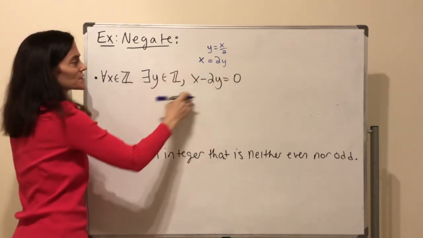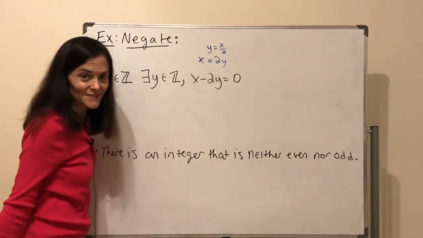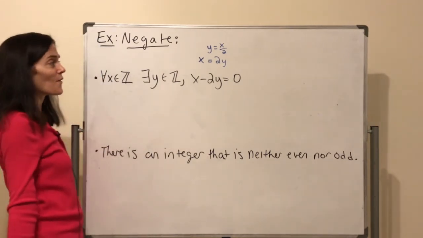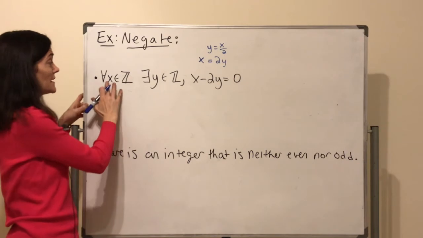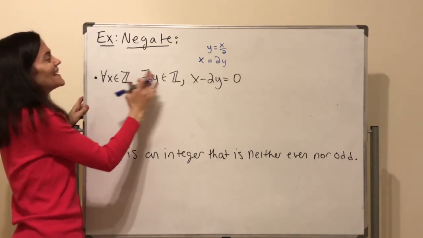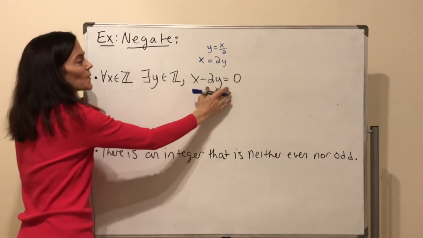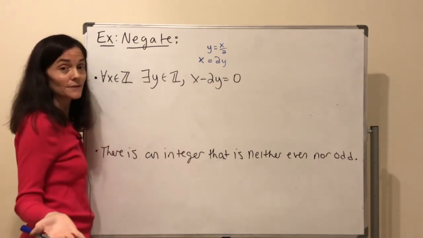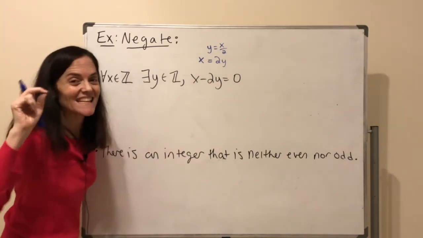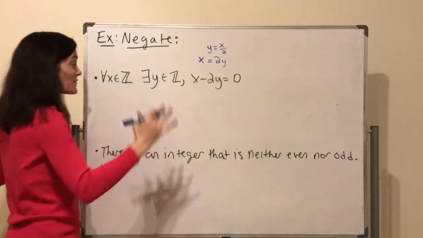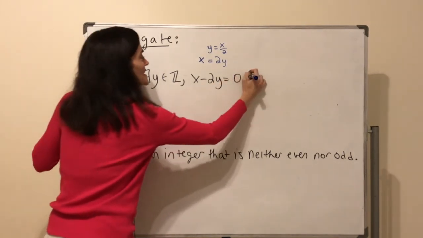It would be x over 2. But is this always an integer? No. So for example, if x is 1, there is no y such that x minus 2y is 0. There's no y that is an integer. So this is a false statement.